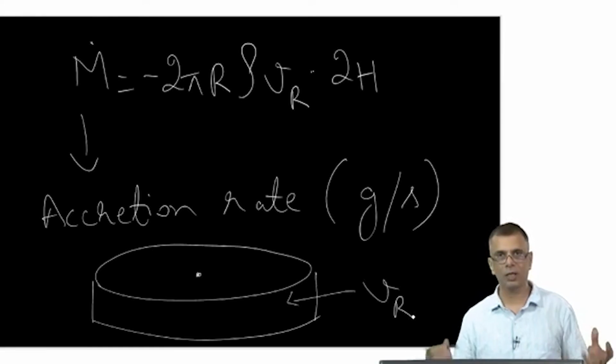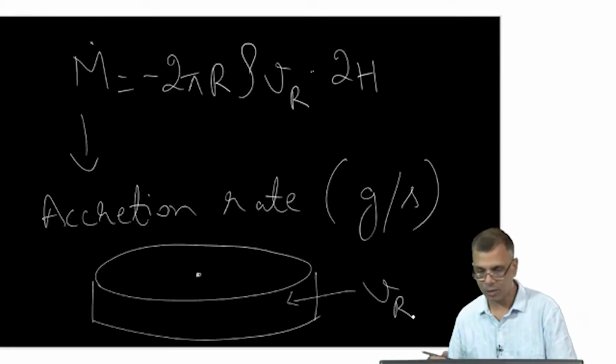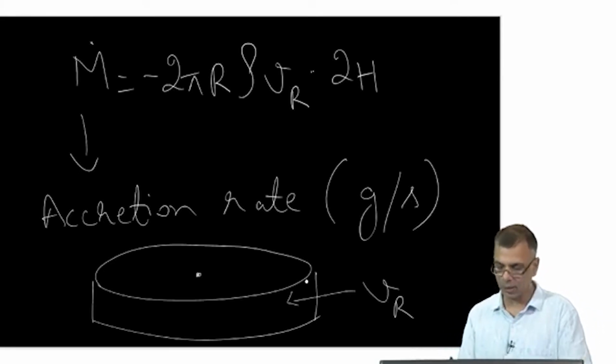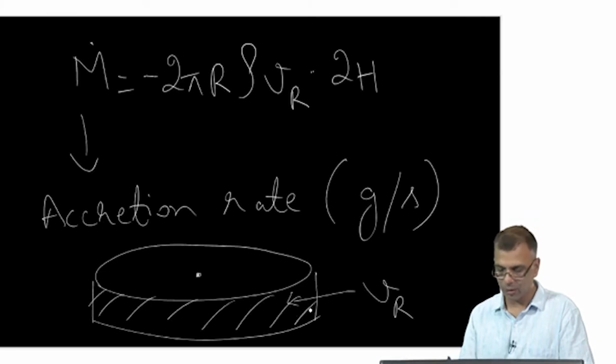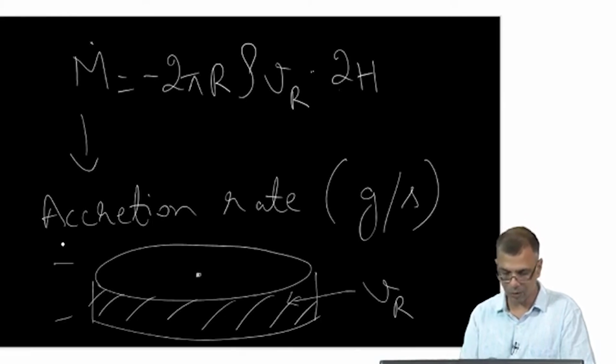Of course, Vr is much smaller than V phi. It's sinking in through this side surface, the area of which is 2 pi r times 2h. 2h would be the height of the disk. So 2 pi r times 2h times rho times Vr gives you grams per second.